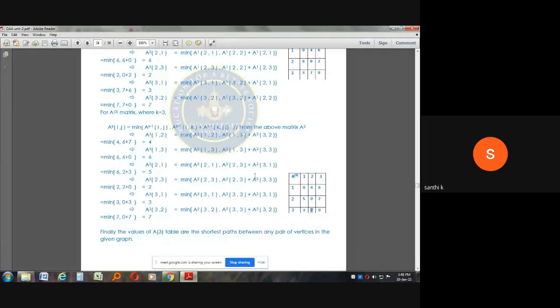So in the given graph three values have been updated: 1 to 3, 2 to 1 and 3 to 2. So this is the shortest path between every pair of vertices.